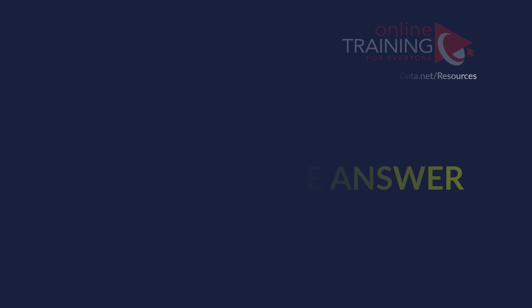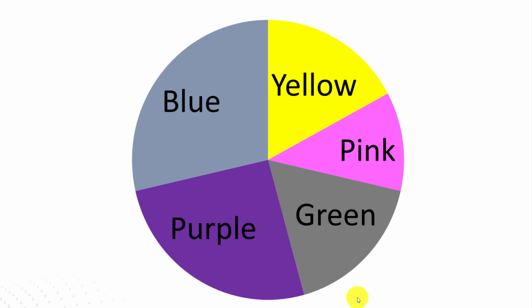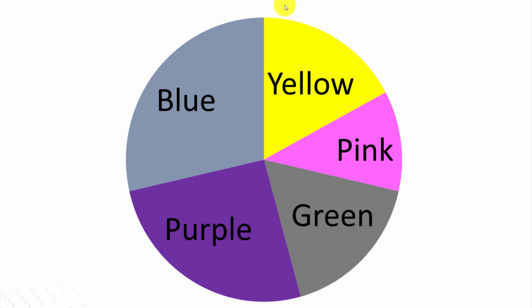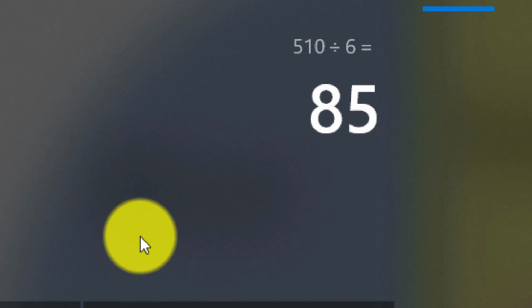To answer this question correctly, you need to understand the ratio between the entire circle, which has 360 degrees, and the yellow portion of it, which represents the cars that passed underneath the bridge in a 1-hour period. Because 60 is 1/6 of 360, it means that 1/6 of 510 cars passed under the bridge. We need to divide 510 by 6, which is 85.